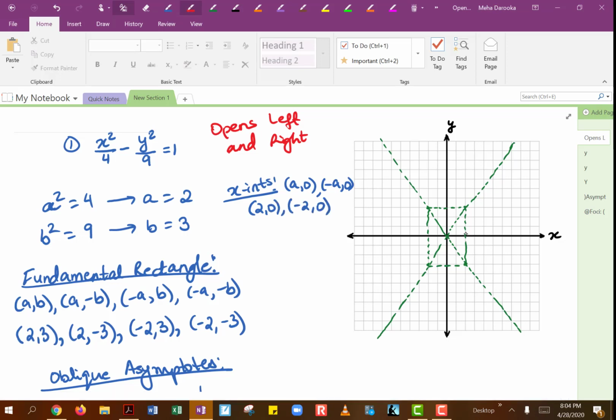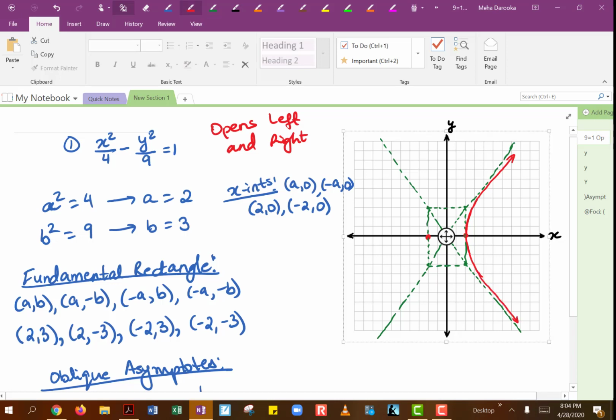So right over here we have our x-intercepts, and then when you're drawing the branches of your hyperbola, basically you will go along this fundamental rectangle till you get to that oblique asymptote. And then remember, with the asymptotes, your graph will get closer to that asymptote, but it will never touch that asymptote and it will never cross it. So that's what your branches are going to do.